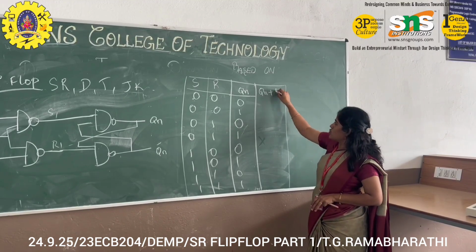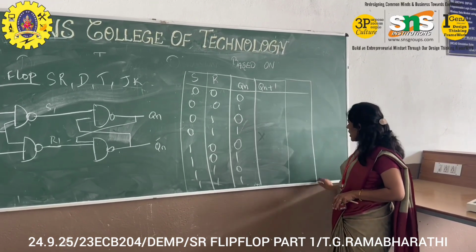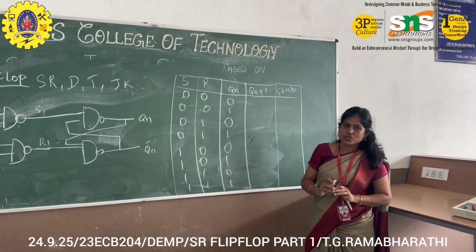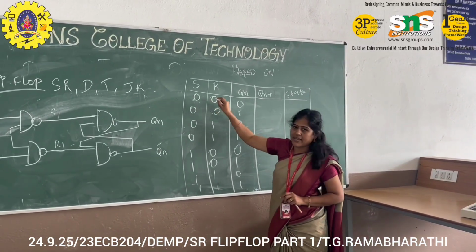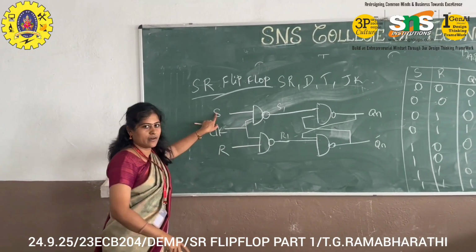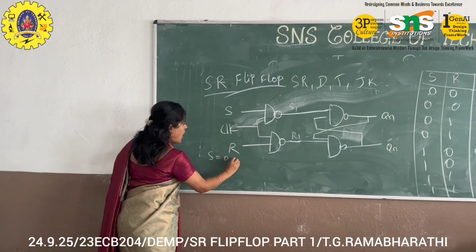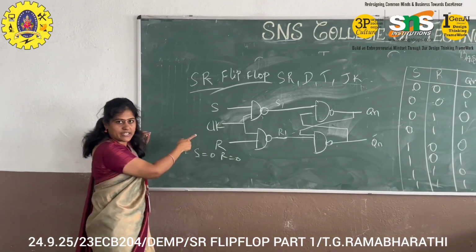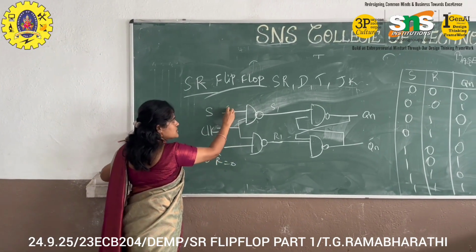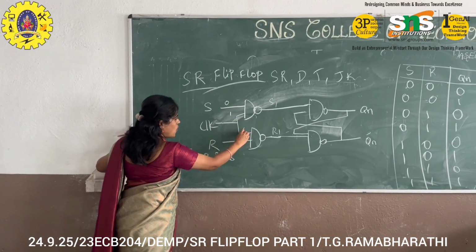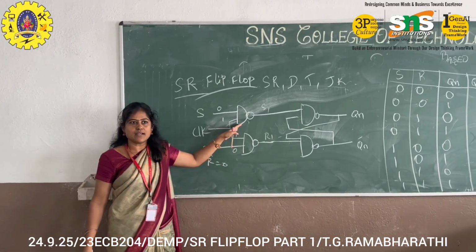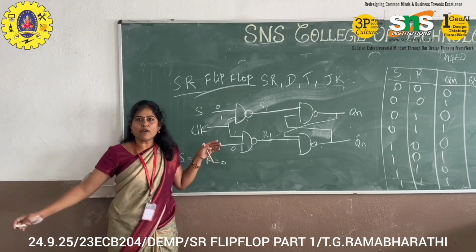What state occurs, we are going to discuss. First, we take the input 0 and 0. S is 0, R is also 0, and the clock I told will give a positive clock pulse, so 1. This is a NAND gate, and we all know that this is the complement of the AND gate.